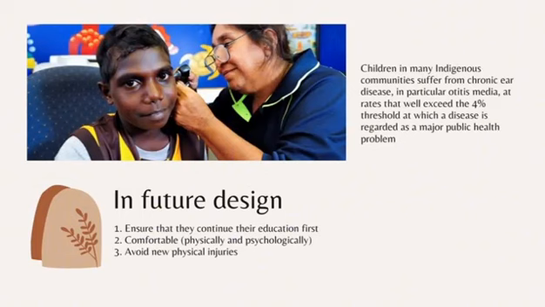Secondly, they need to be made as accessible and comfortable as possible, physically and psychologically, while pursuing their education. And at the same time, new physical injuries should be avoided as much as possible.